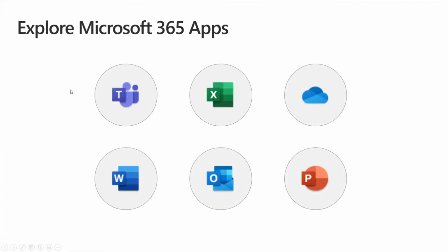So what are the Microsoft 365 apps? Well, we've already talked about Teams and a little bit about OneDrive, that cloud on the far right. So Teams and OneDrive. Of course, the others are obvious. Excel, Word, Outlook, PowerPoint. The standard apps that you find in the Office suite.